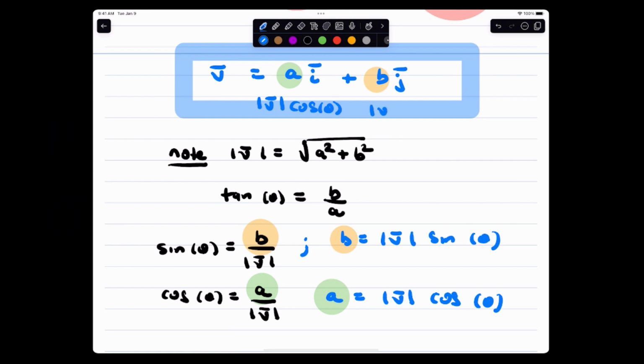B, it's the length of v sine theta. Okay, so I want you guys to see all of that right here.